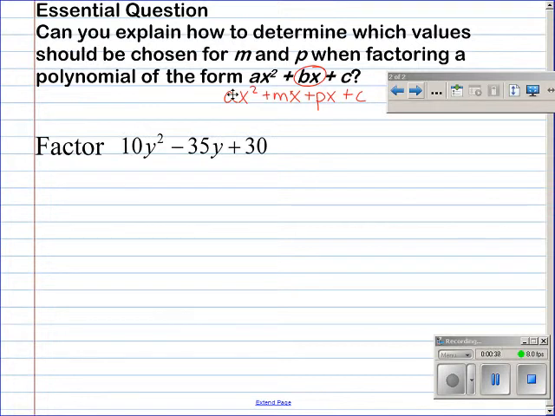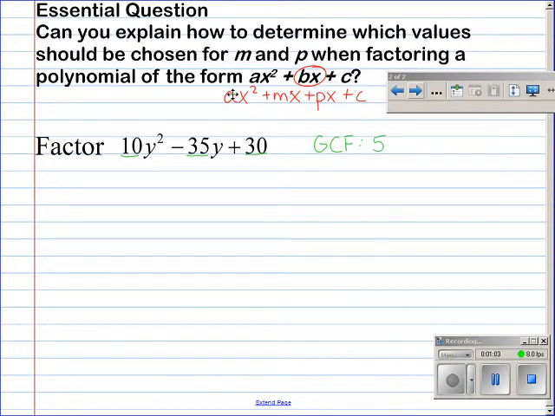Now, before we start factoring this problem, we need to think about, do we have a greatest common factor? In the last example we didn't, but in this example we actually do have a GCF. Because my coefficients are 10, 35, and 30, all three of those numbers are divisible by 5.